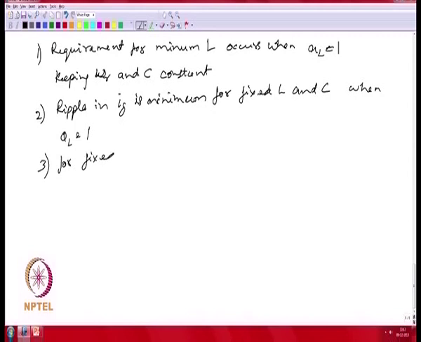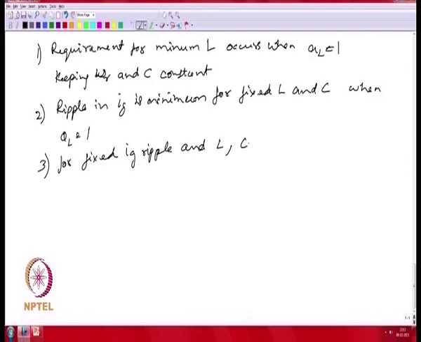Another point that you could observe is that for fixed Ig ripple and L, the C requirement is as follows. Keeping Ig ripple fixed and keeping L fixed, you are allowed to vary AL, but keep L1 plus L2 equal to L as a fixed parameter.